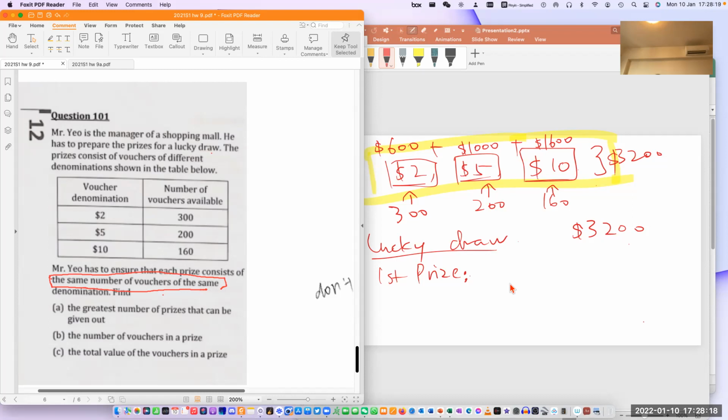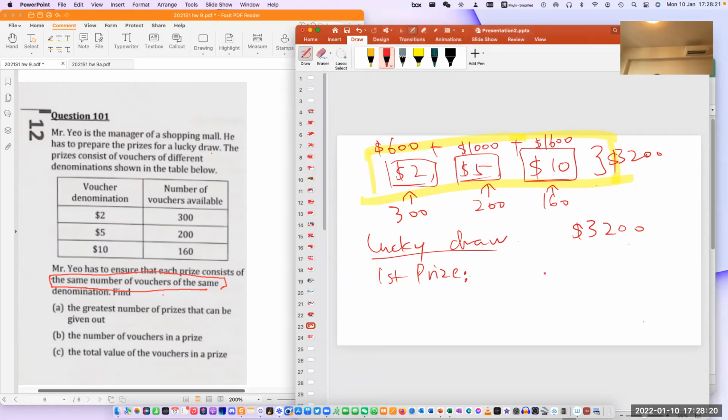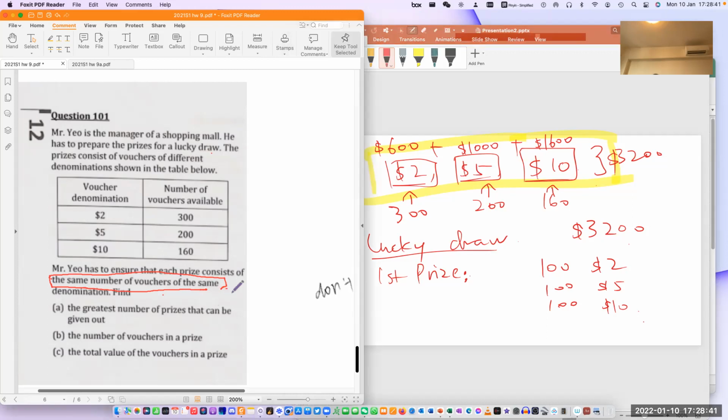Does that mean if you give out $102, you need to give out $105, and you need to give out $110? Okay, that's my understanding of this statement.